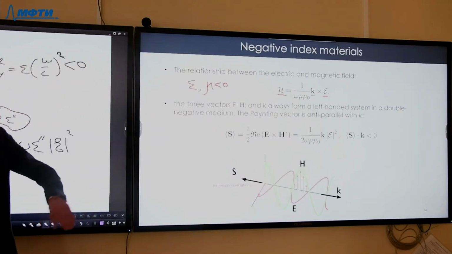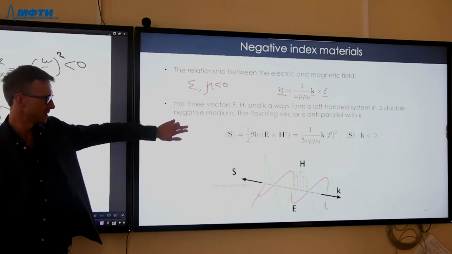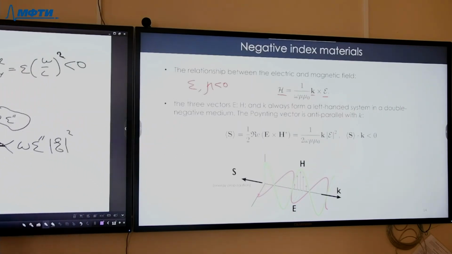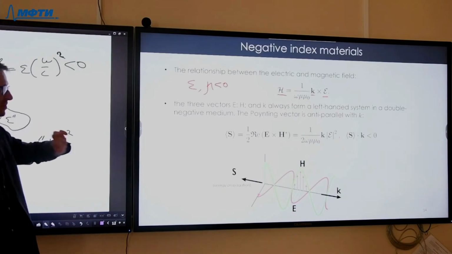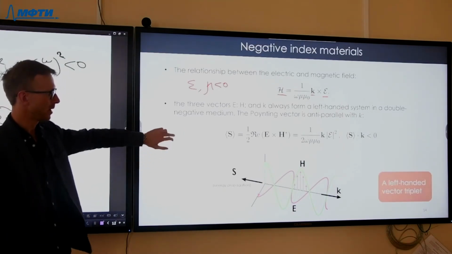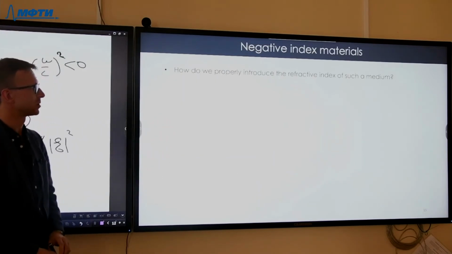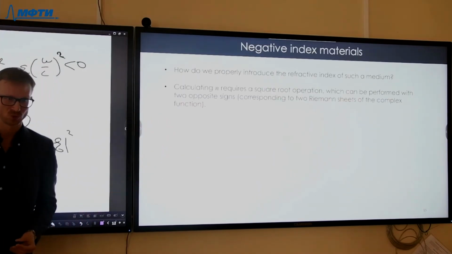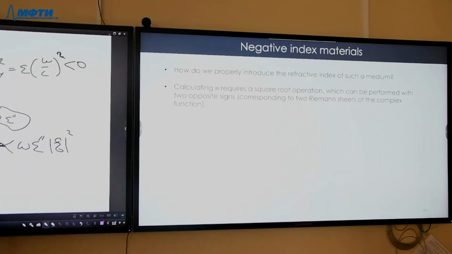Okay, bear this in mind, because using this knowledge, we're gonna define the refractive index of a double negative material, and to do that properly, we need to remember that the refractive index, the way we introduced it for positive index material, was a square root of epsilon times mu.